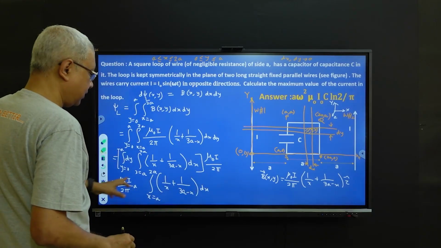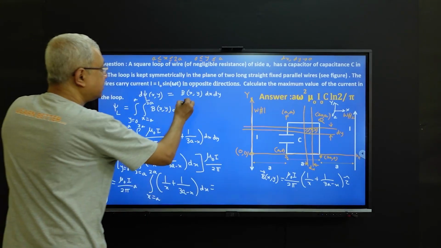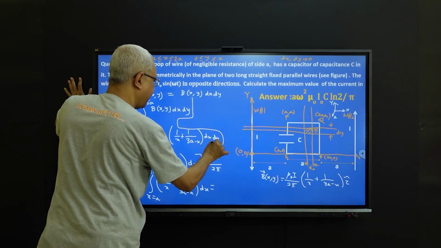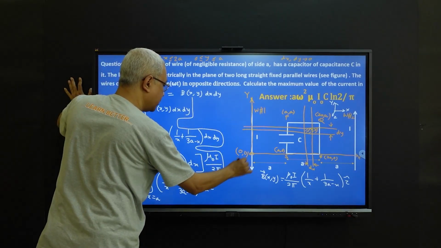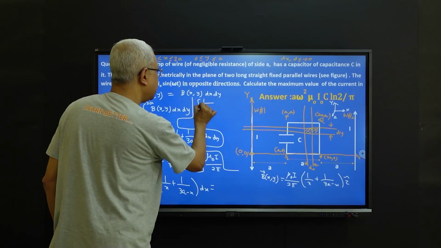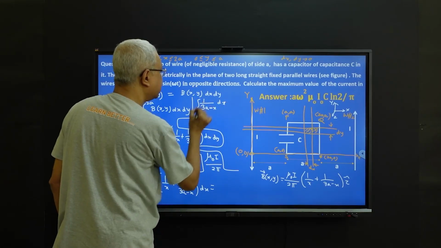So what is this integral? Let us evaluate this particular integral carefully. Note the integral of 1 by 3a minus x dx. How to calculate that?